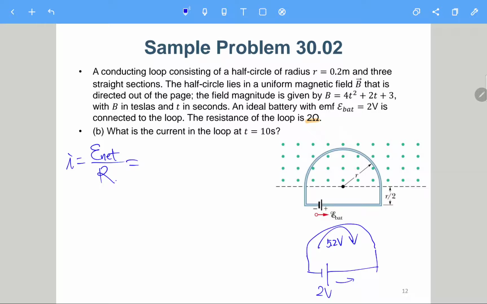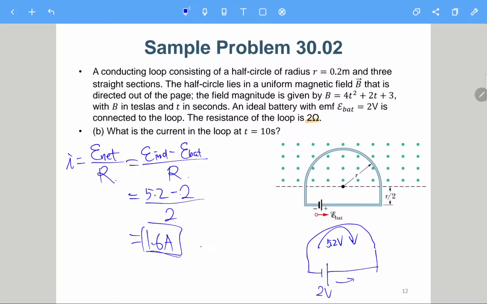So it is like E induced minus E battery over R. So it is like 5.2 minus 2 volt over 2, which is 1.68. So any question regarding this?